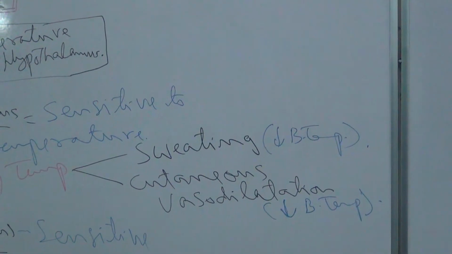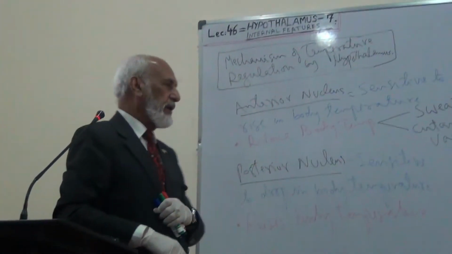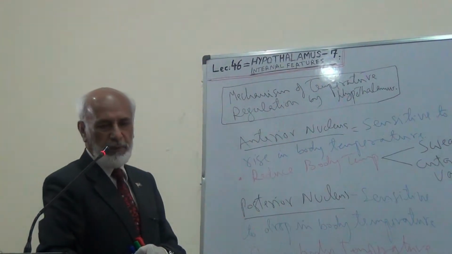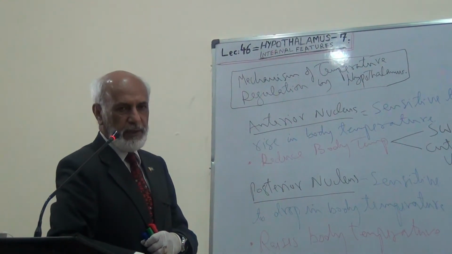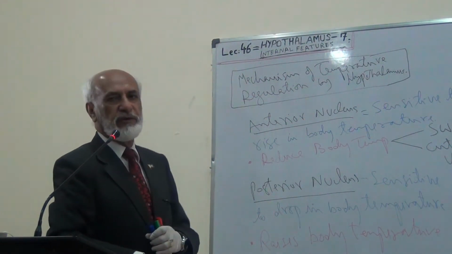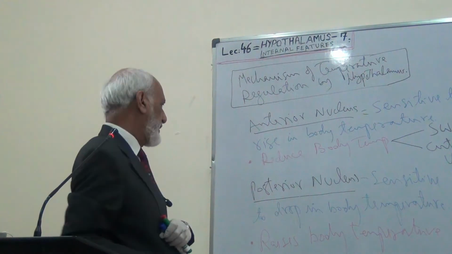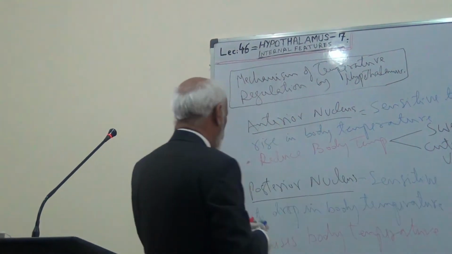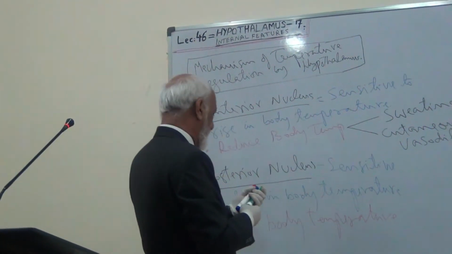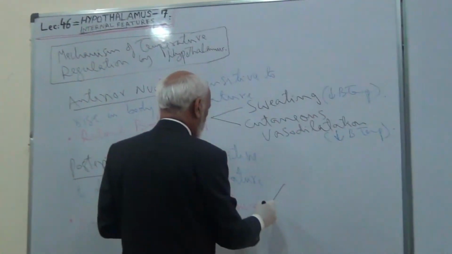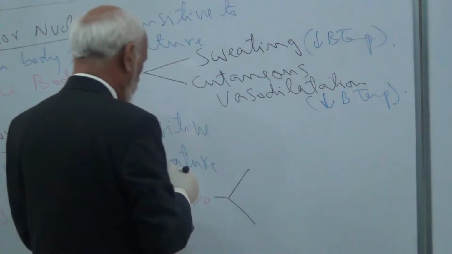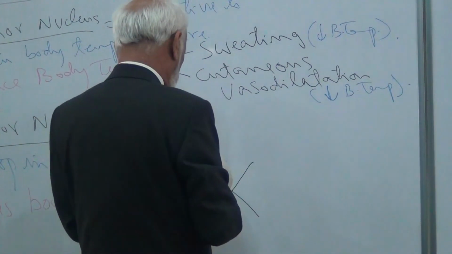Then the posterior nucleus. It is sensitive to drop in the body temperature. When the body temperature falls, it is stimulated. And when the posterior nucleus is stimulated, it will raise the body temperature. How does the posterior nucleus raise the body temperature? Again, by two mechanisms. Number one is shivering.